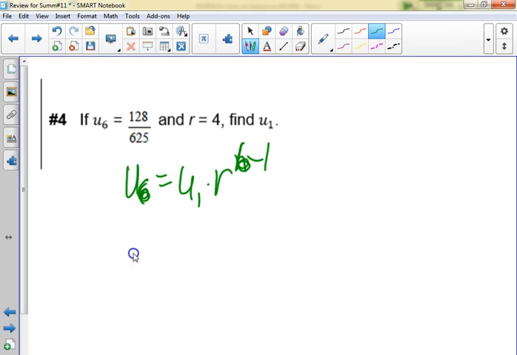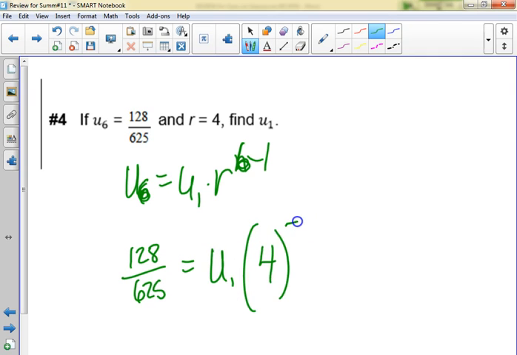And if we substitute in some values, we have 128 over 625 equals some first term times 4 to the 5th. Okay. 128 divided by 625 and then divided by 4 to the 5th.